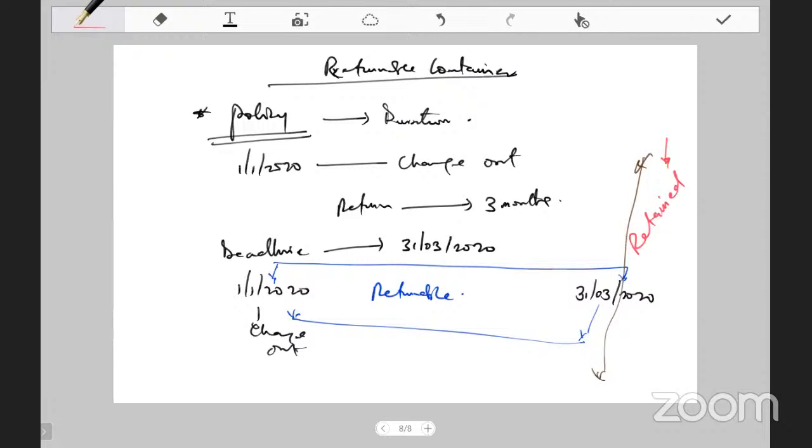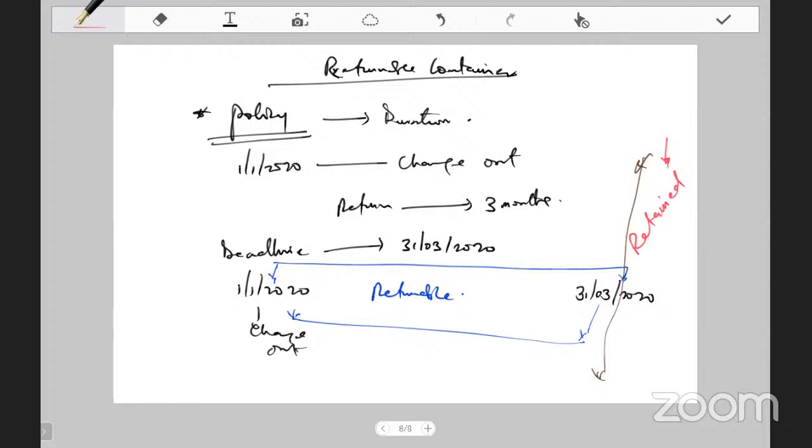I will repeat that. We always have a policy with returnable container, and that policy is very germane. It is the date on which the container was charged out and the date on which the container must be returned. Within those periods, the customer has the grace to return the container, and if he does, he will be entitled to his returnable price. Any day after the grace day or the deadline, such container in the hand of the customer will be referred to as a retained container.